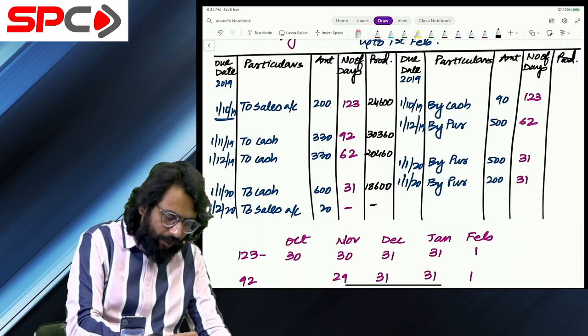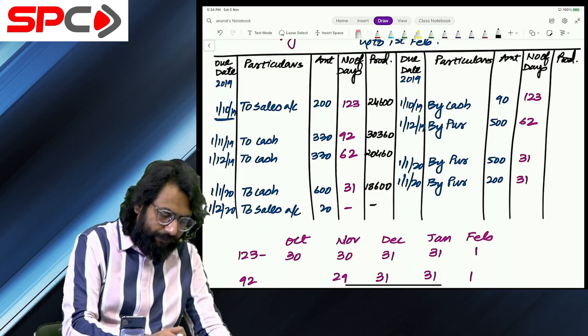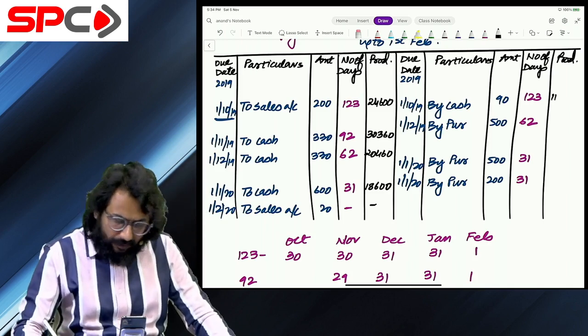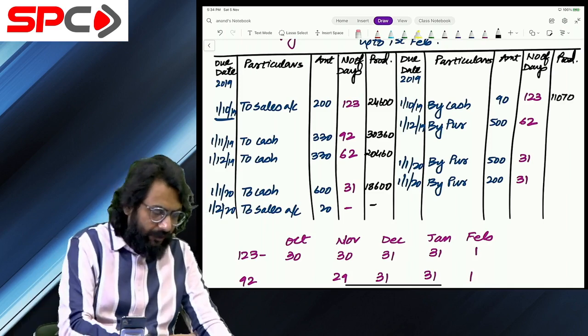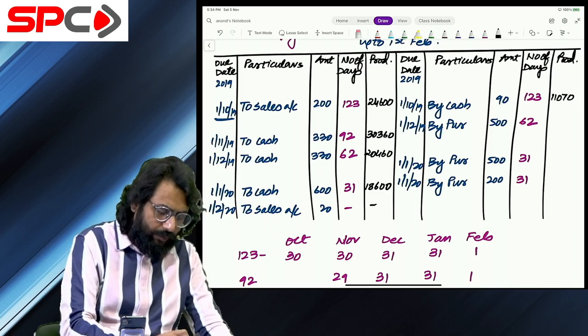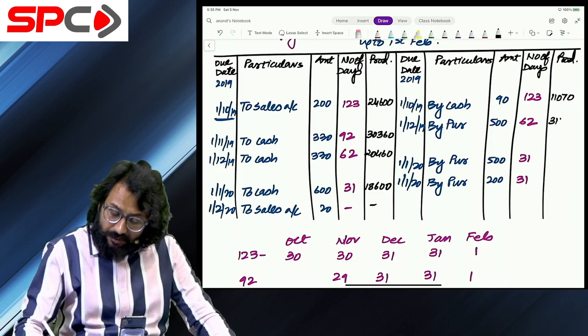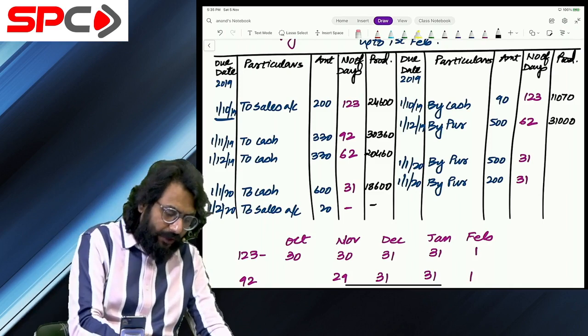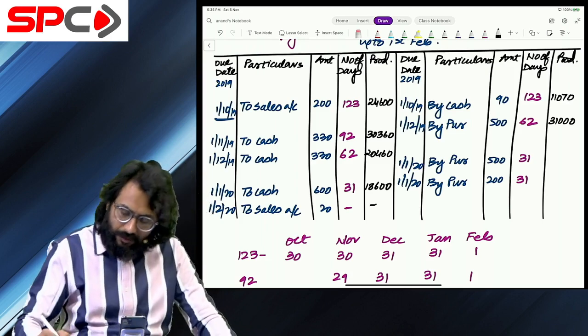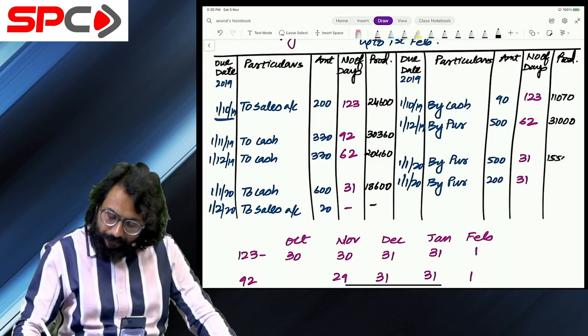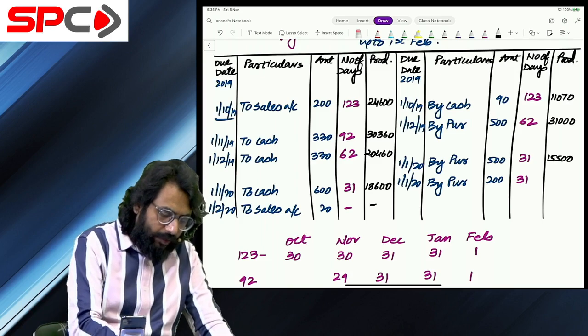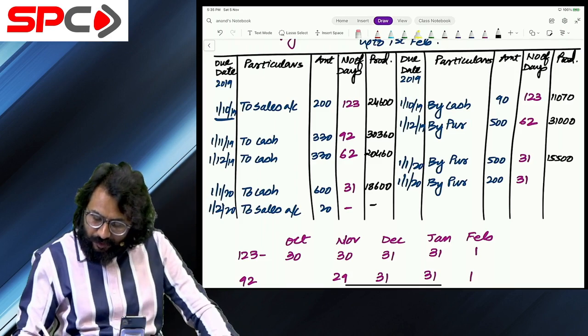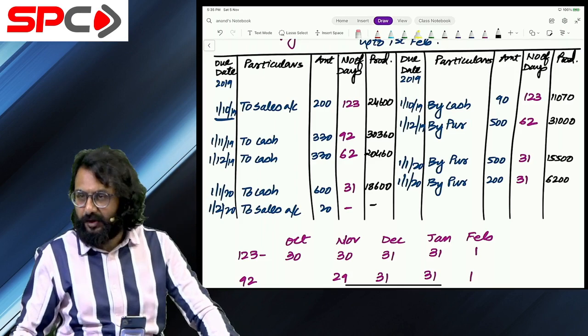Now 90 into 123. 11,070. 500 into 62. 31,000. 500 into 31. 15,500. 200 into 31. 6,200. Do you all agree?